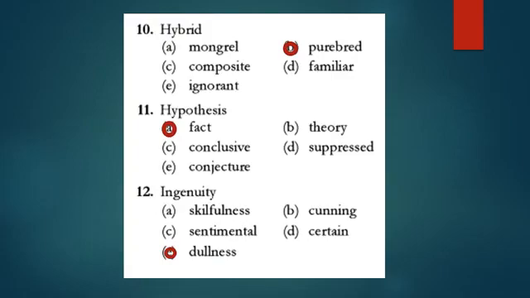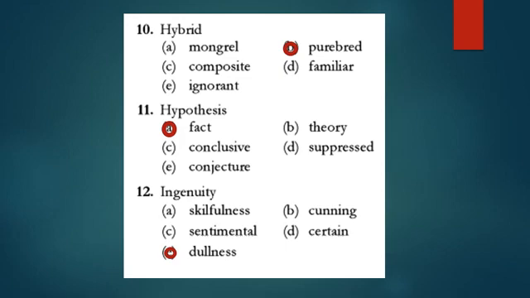Hybrid. Let's see the options there. Mongrel. That means crossbred. So the opposite will be purebred. Composite, familiar, ignorant. They are not the right answers. So the right answer is B, purebred. Hypothesis. The opposite of that is fact. Hypothesis, conjecture, that means imagining something, your imagination.